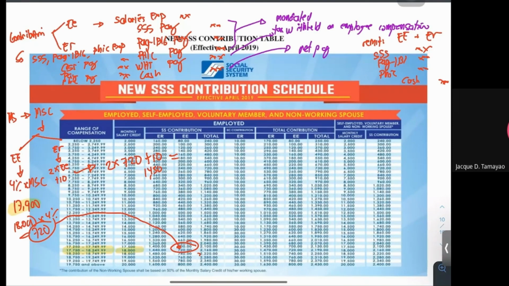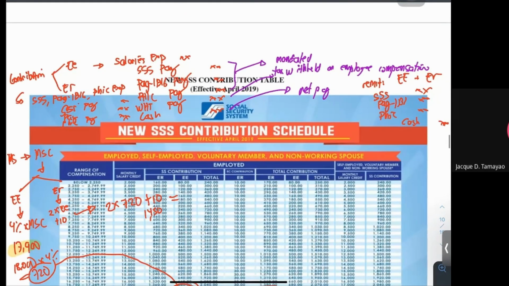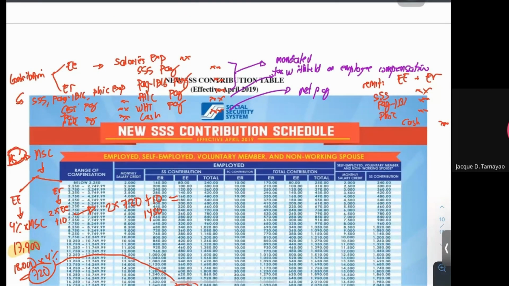Okay, so it's here, 1,450. So how do we compute again? We first get the monthly salary, compare it to the range of compensation, and from the range of compensation, you will have a monthly salary credit. For the employee, 4% times MSC; for the employer, twice the employee share plus 10.